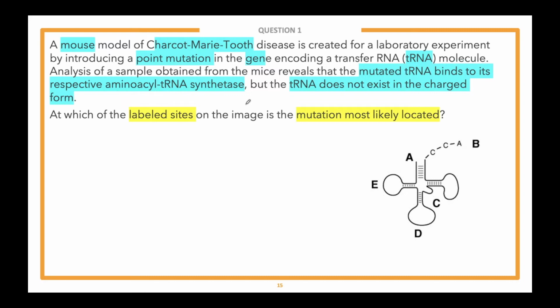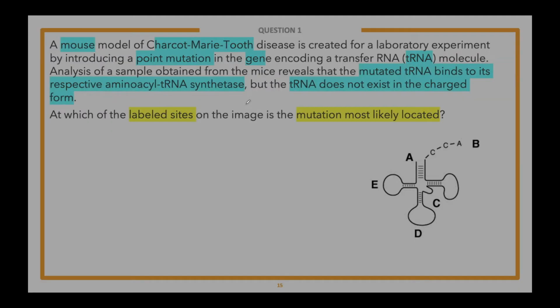So I think you could argue this is a one-step question. They're telling us what the mutation is, but I think there's another step here that we need to know, almost like the anatomy of a tRNA molecule, and know the different sites and where the mutation is going to be affecting. So I think this could actually be a two-step question, okay? So let's take a look at the answer choices.